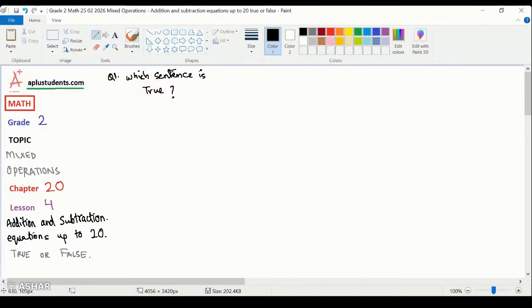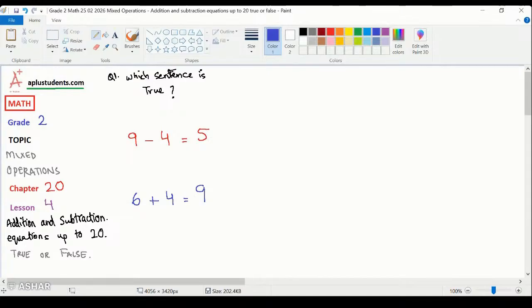We will have two statements and we have to write which one is true. 9 minus 4 equals 5, first statement, and the second statement is given as 6 plus 4 is equal to 9. So between these two given statements, one statement would be true and one statement would be false. So we need to see which one is true and which one is false.